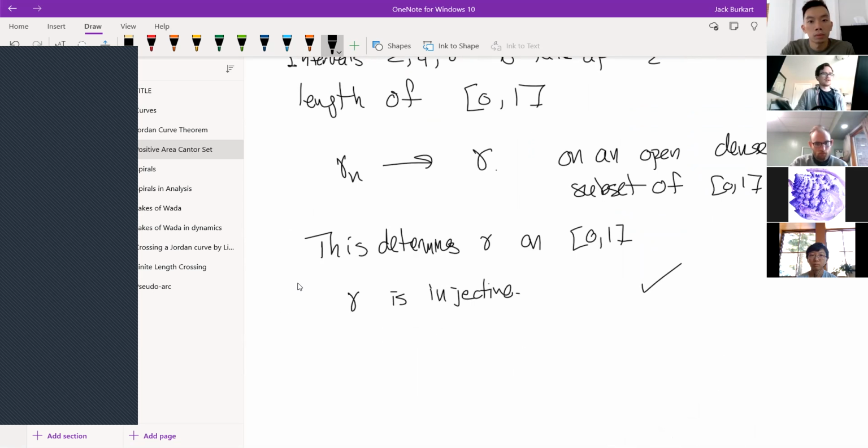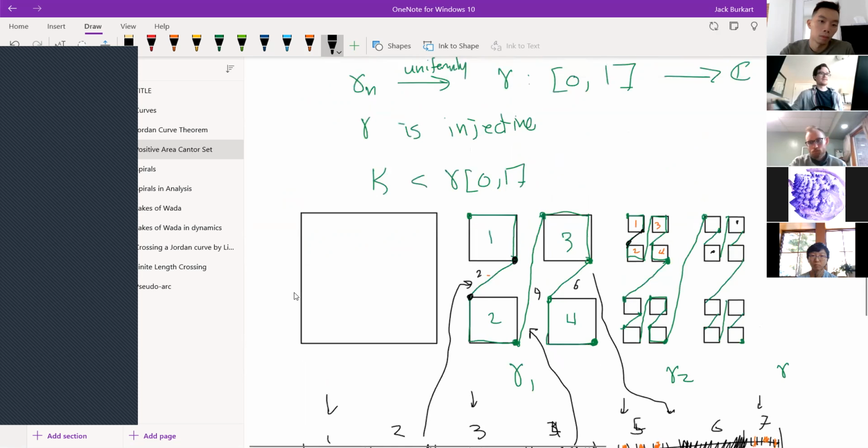And then we just have to verify that K is a subset of gamma of 0, 1. But this is also not so bad because if I take any single point in my Cantor set, it's going to belong to some square in each Kn. And so that means it's going to be the limit of these endpoints that my line passes through every single time in the square.